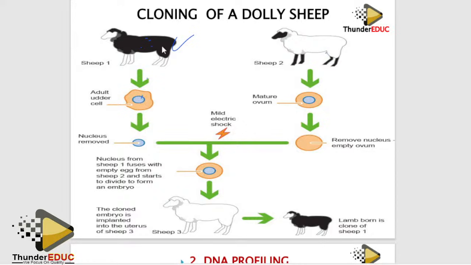Is it clear? Why? Because the nucleus contains the genetic material. So I keep the nucleus, I throw away the shell. Then this one, I remove the nucleus because I don't want its genetic material, but I use the gamete, the ovum. But here I just get any cell from anywhere else apart from a gamete. So I throw away the nucleus because I don't want it, but now I keep this.